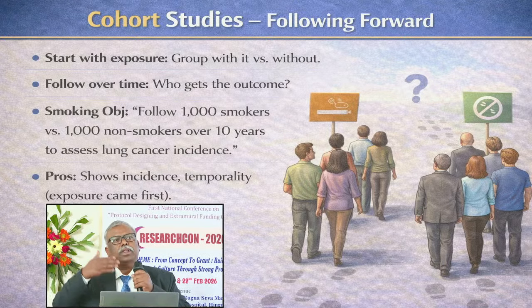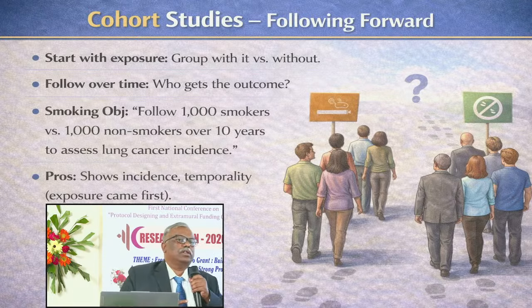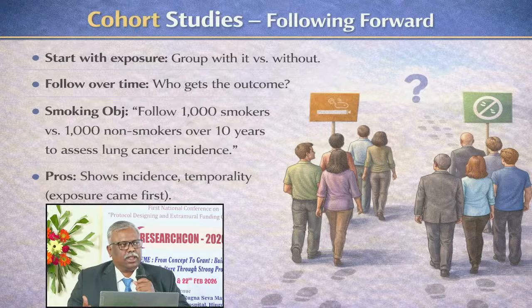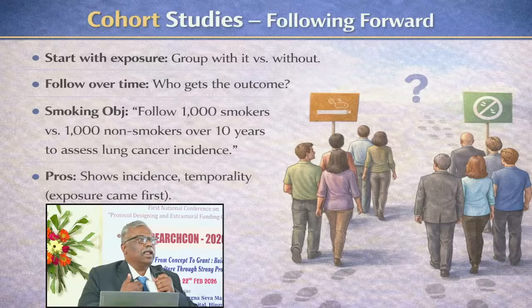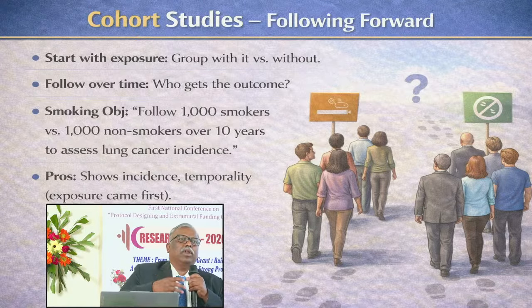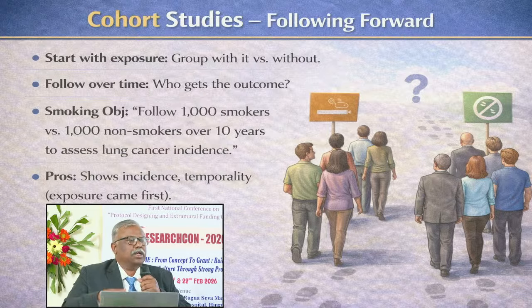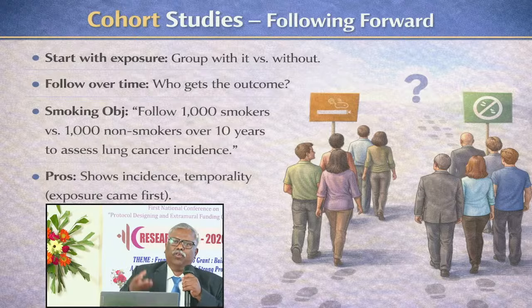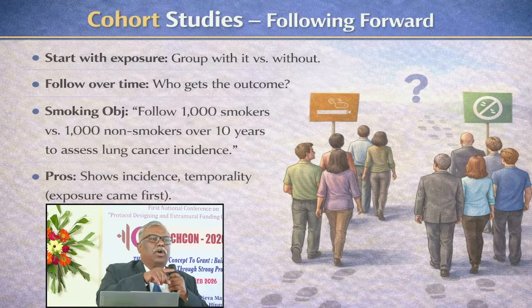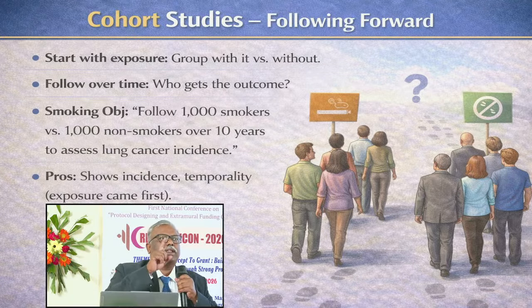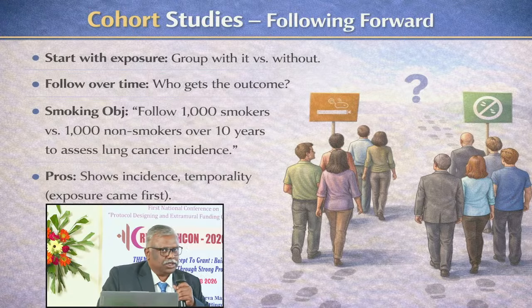In a cohort study there are also ethical issues. If you know that a particular exposure factor will be hazardous to an individual and we still continue our research, it is an ethical concern for other researchers.